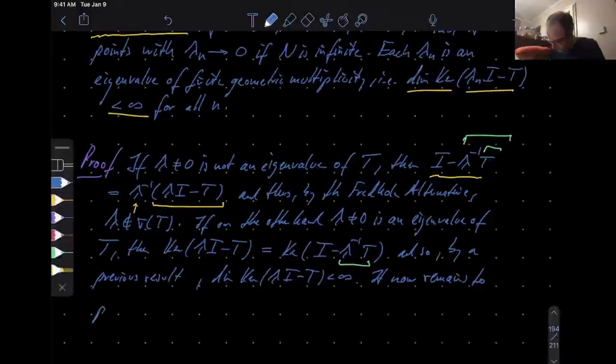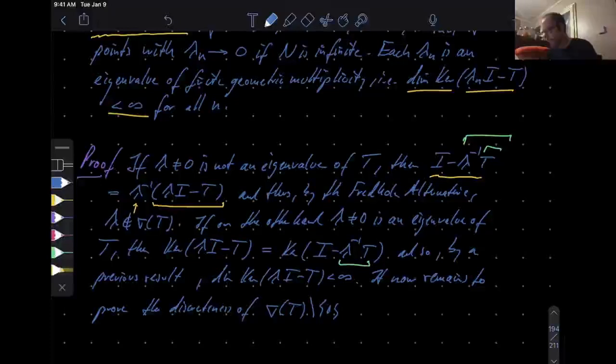To prove the discreteness of sigma t without 0. Okay, and thus, what does this mean?